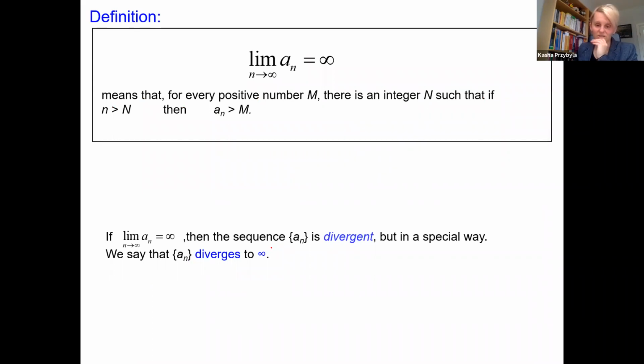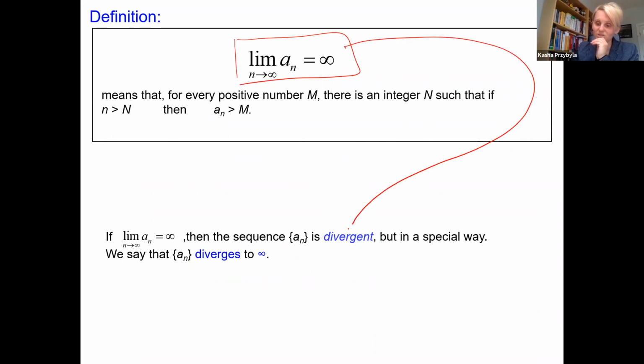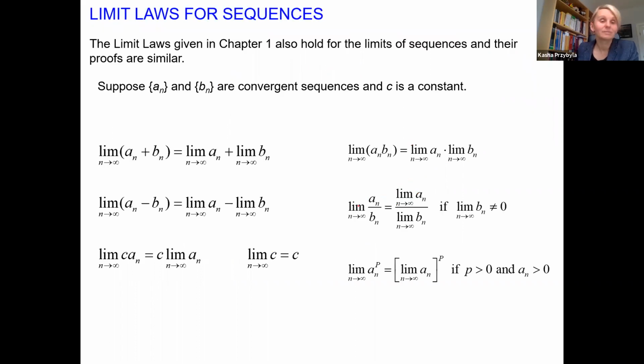And this is just the definition: if the limit is infinity, we will say that the sequence is divergent. This is just the meaning of the limit, but we remember this from Calculus 1. Let's maybe compute. As I said, we will use all of the limit laws from chapter 1.